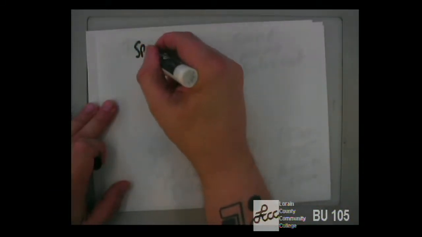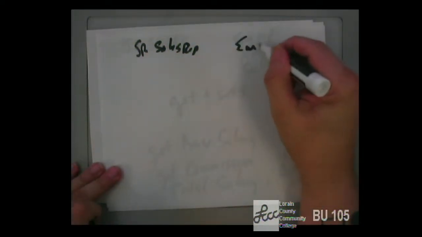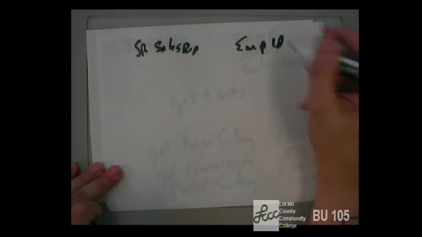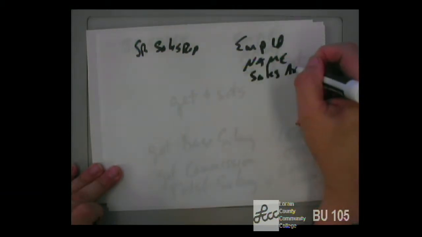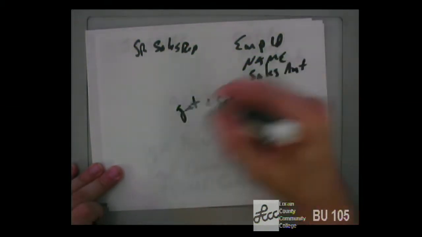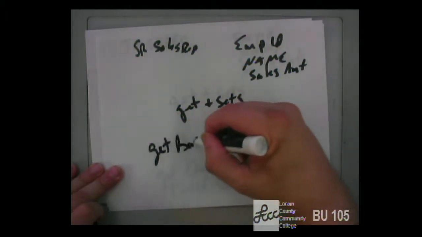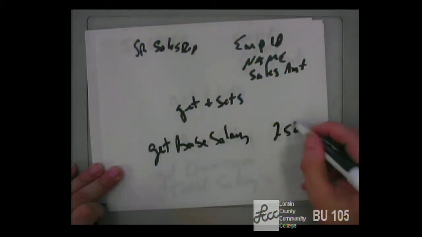We have the senior sales rep. Guess what? They have an employee ID and a name and the amount that they sold. They have those properties. They get the base salary, which is $2,500.